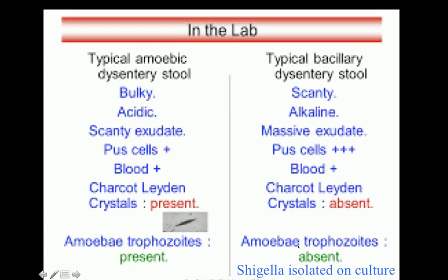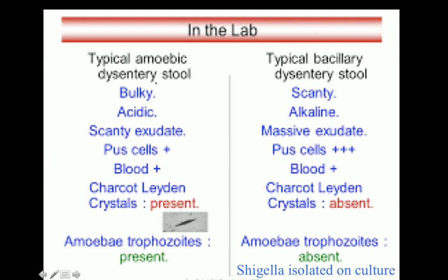Now, one of the very important examination questions is the differences between amoebic dysentery and bacillary dysentery. In amoebic dysentery, the amount of stool is bulky, whereas here you see scanty stool. The pH is acidic, whereas with bacillary the pH is alkaline. An important thing is the presence of charcoal-laden crystals, which are seen in amoebic dysentery, whereas they are absent in bacillary dysentery.